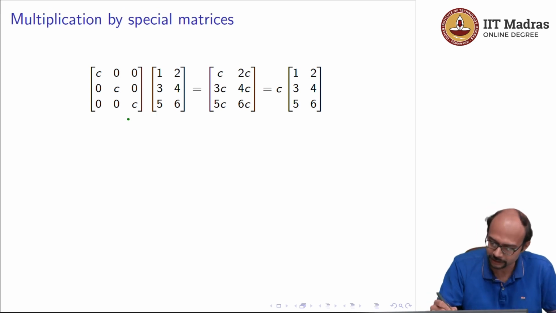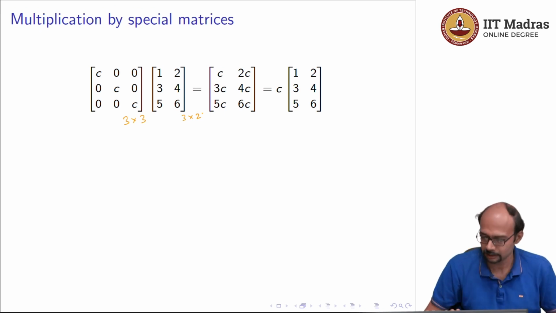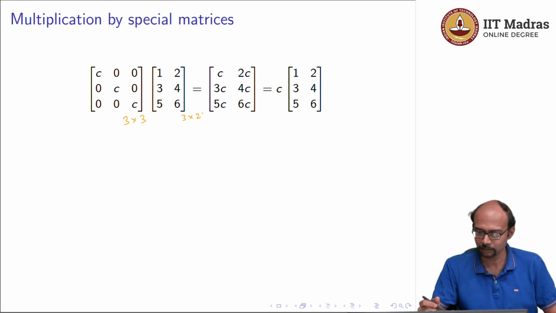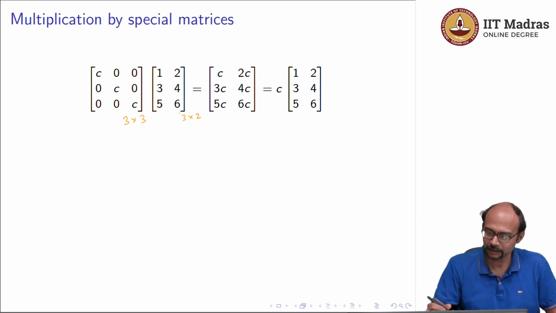First of all, is it well defined? This is a 3 by 3 matrix. How many rows does the other one have? 3. And how many columns? 2. So this is a 3 by 2 matrix. Indeed we can multiply these because the number of columns here is 3, which is the same as the number of rows here.